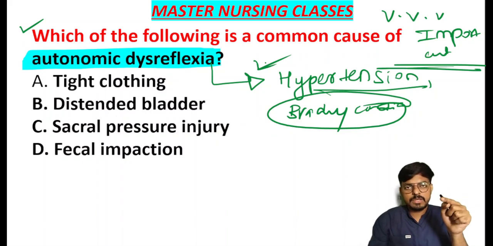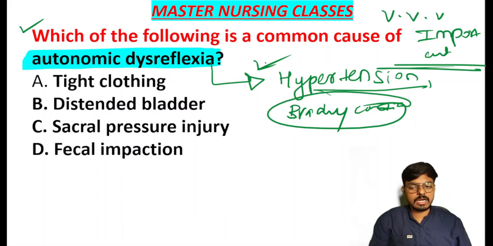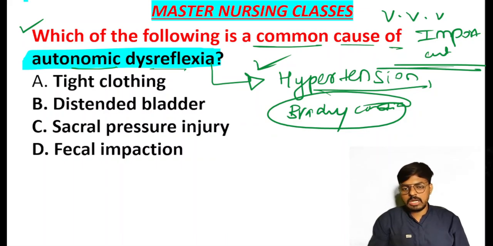First you have to tell the answer for this particular question, then I will move to the entire details of autonomic dysreflexia. The question is very simple: which of the following is the most common cause of autonomic dysreflexia? Option A is tight clothing.